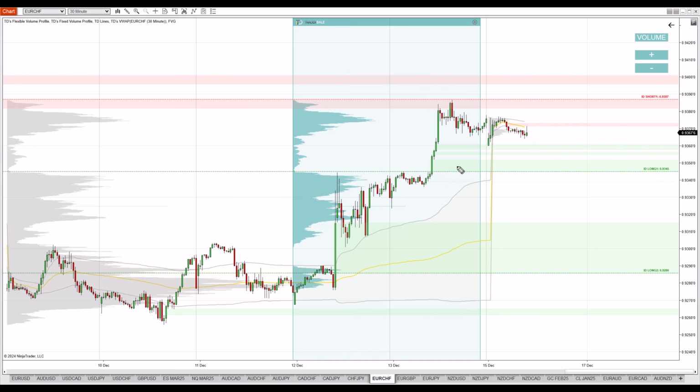Also, as with the other cases, we have the fair value gap highlighted in green, and this is the beginning of the fair value gap, which adds strength to that level. And also a huge reaction to this level in the past. That means it was a resistance, which now turned into a support.